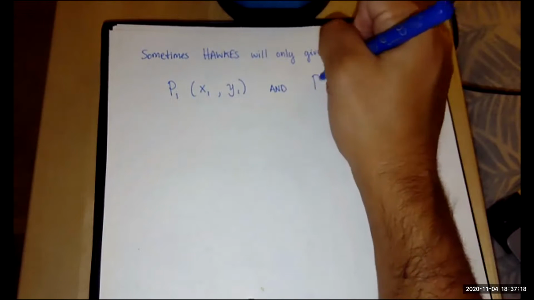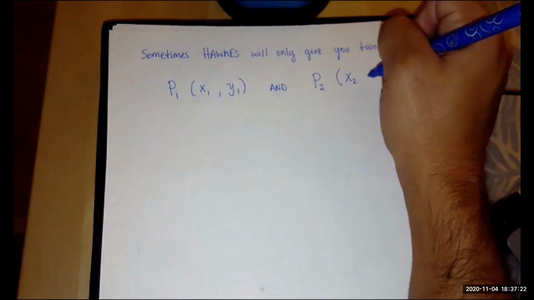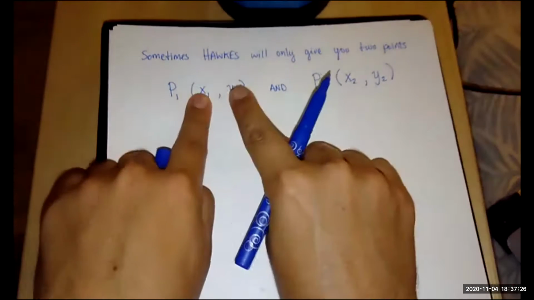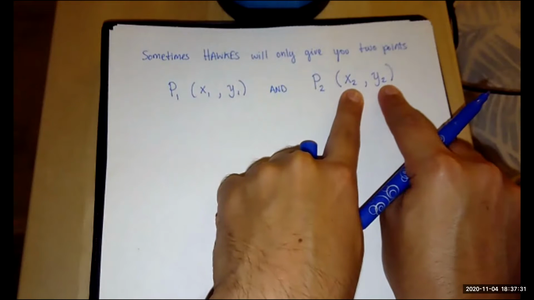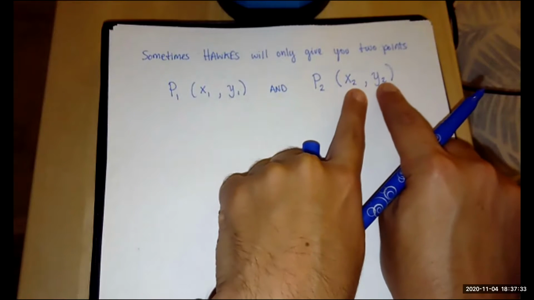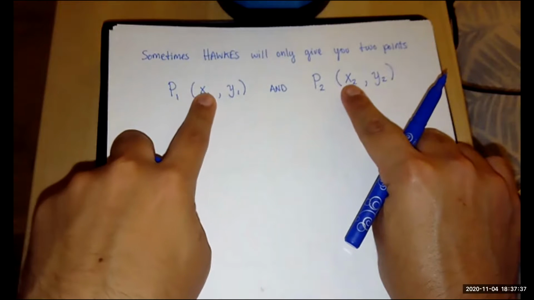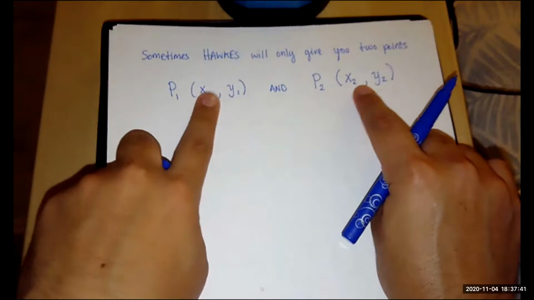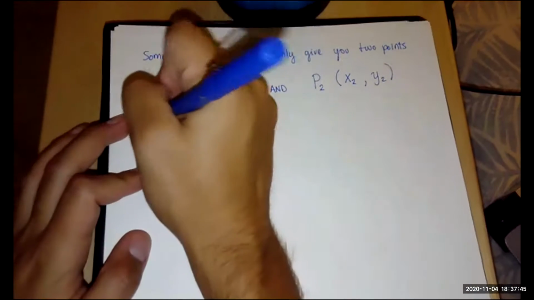And they'll give you point 2, which has the coordinates x2, comma, y2, right? Because they all have an x and a y value, an x and a y value. And so we're just using the subscript here to say that x2 is different from x1, right? These are just labels. We're not actually going to do anything with these numbers. Again, they're just labels.